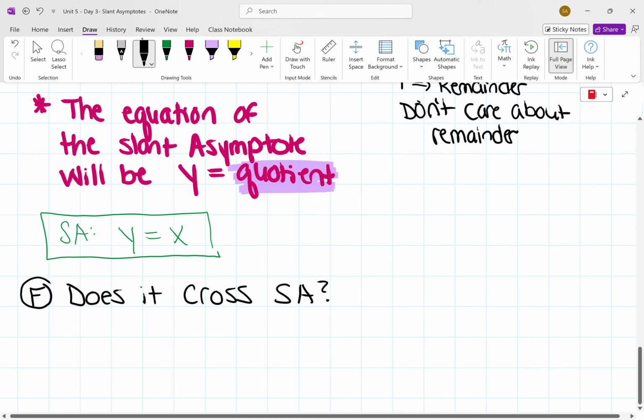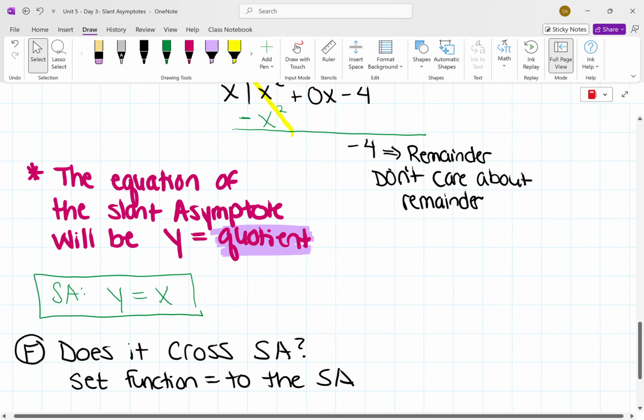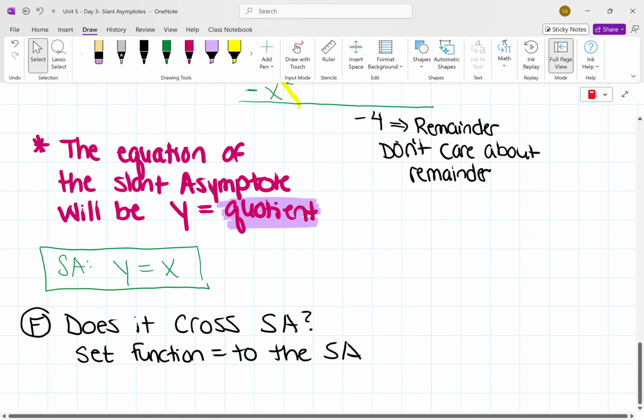And the way you figure out if it crosses, you're going to set your function equal to the slant asymptote. Should I give you guys a minute to catch up?